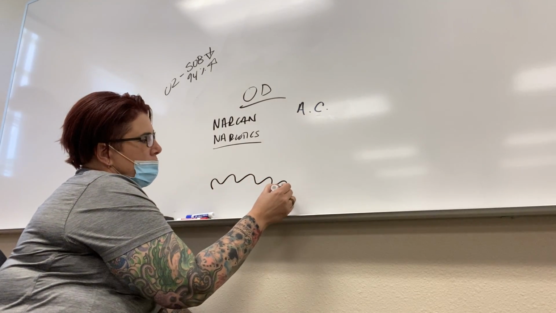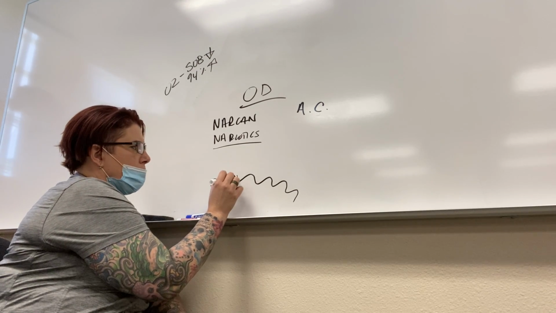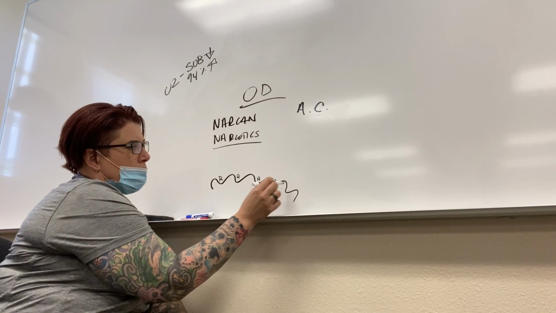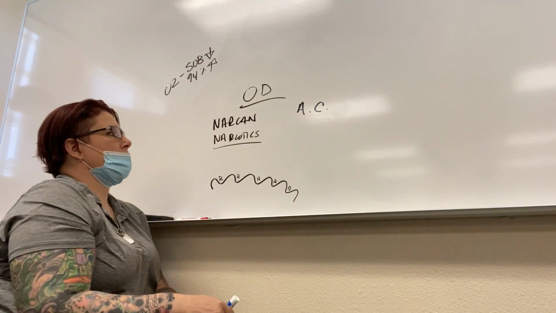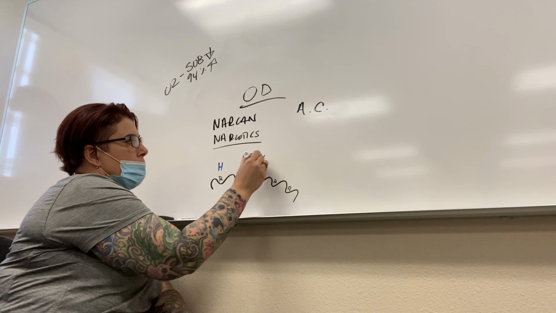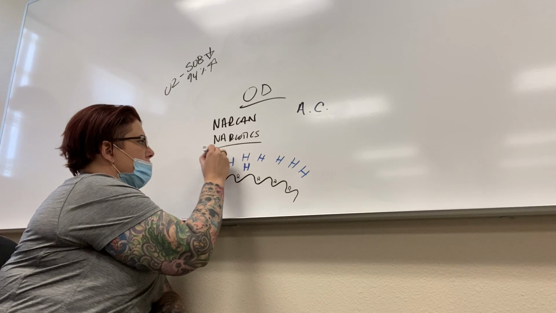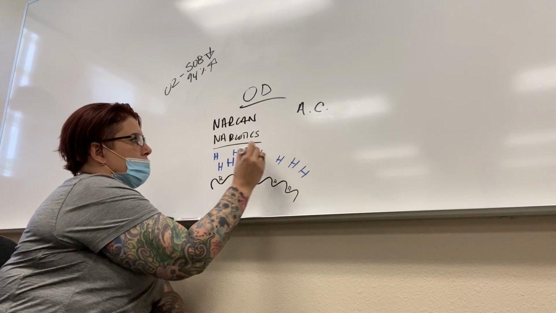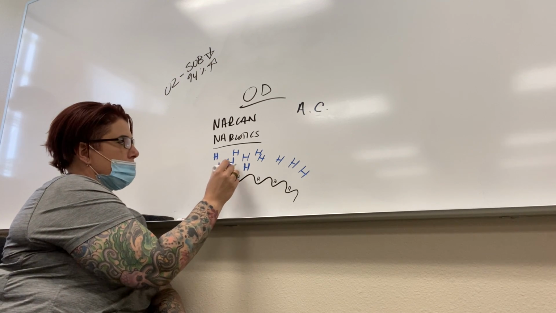If you guys can imagine, this is now brain tissue, and these are all little receptors right in here in these little grooves. Imagine now this person took heroin. So now you have heroin going all around the brain as it sets, and this is where they have that high.